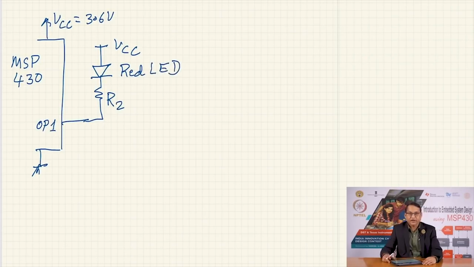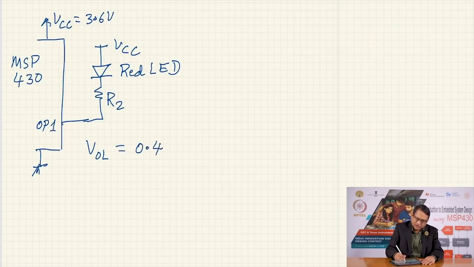As I mentioned earlier, the LED will be turned on when output 1 is set to logic 0, but when the output is set to logic 0, the output voltage is not 0 volts. In fact, the maximum value of voltage that you will get will be VOL, and we can go to the data sheet to find out the value, but let us assume that VOL is 0.4 volts.